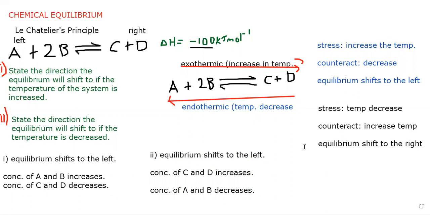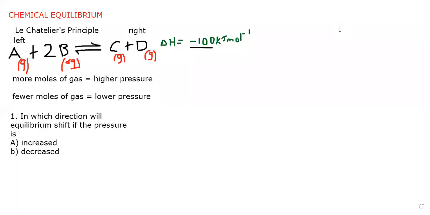Right, we're going to move on to pressure now. So it's concentration, temperature, and pressure. All right, so now it's time to look at the effect of pressure. So what you need to know, right?